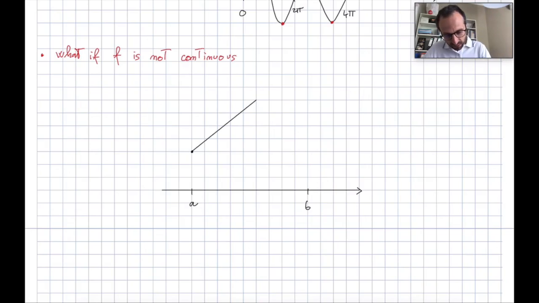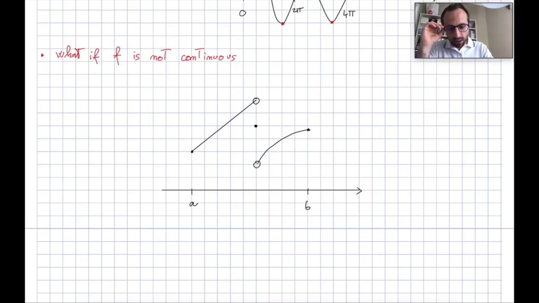So far the function was continuous, but now here I decide to do a jump. Let's suppose the value at this point is here, and then I start from here again, and I go up to b. So you see that this function doesn't have a minimum and doesn't have a maximum.